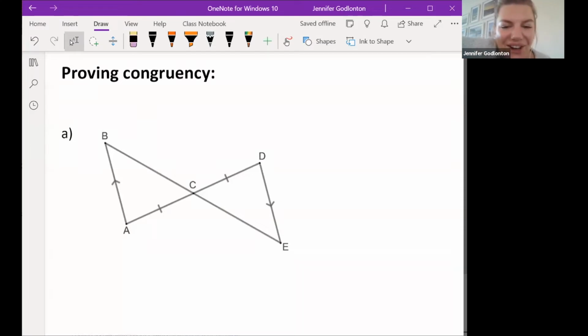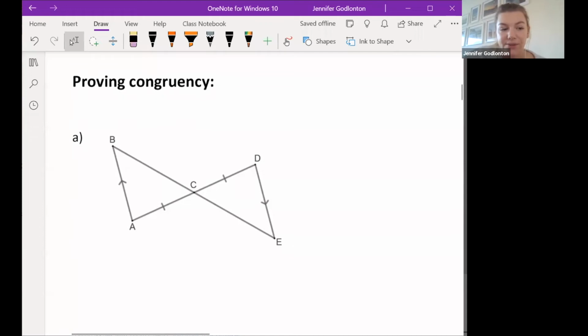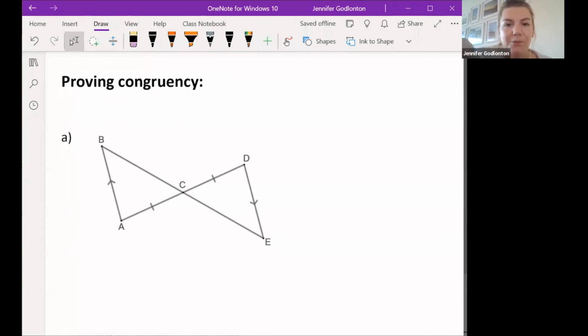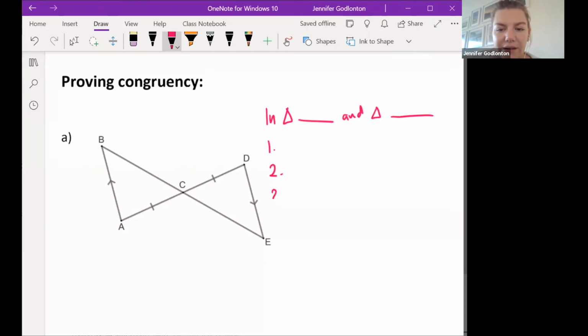Okay, so we are going to start with this question over here. Only for this first one, because it's the first one that we're doing for the evening, I'm going to write up the setup of what it needs to look like when we do a proper proof. We're going to say in triangle and triangle, we're going to give 3 reasons.